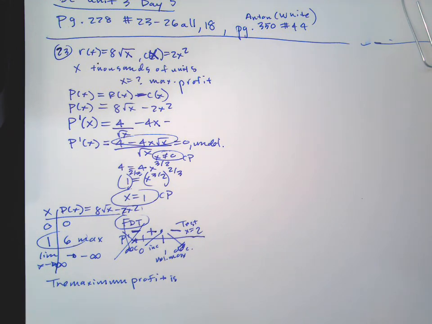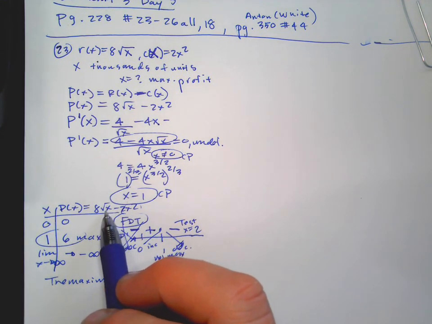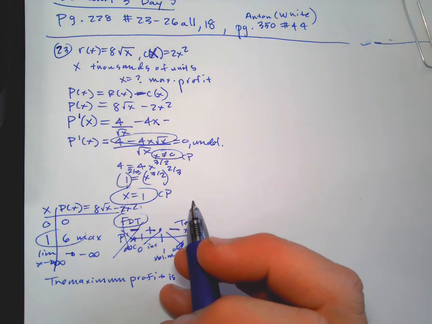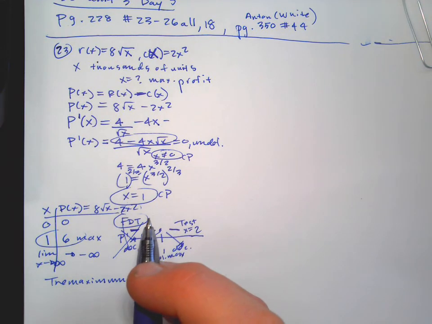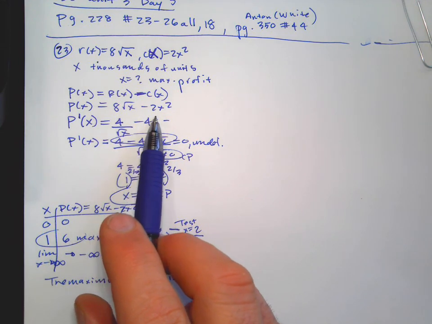If x is thousands of units, and if you put 1,000 in here, that's going to be 8,000 minus 2,000, or I don't know. Profit is 8 square root of x minus 2x squared.